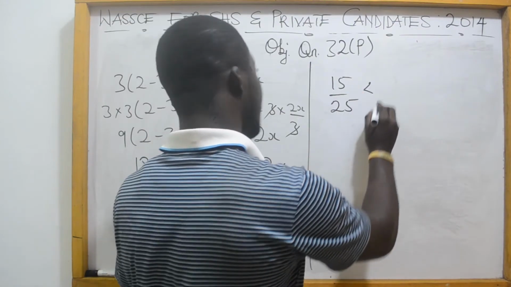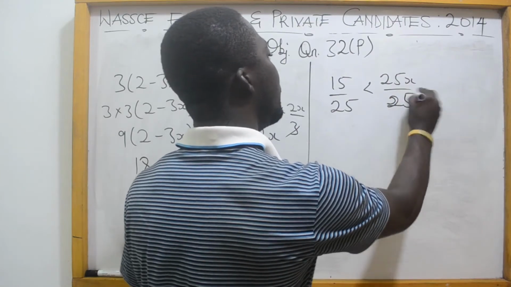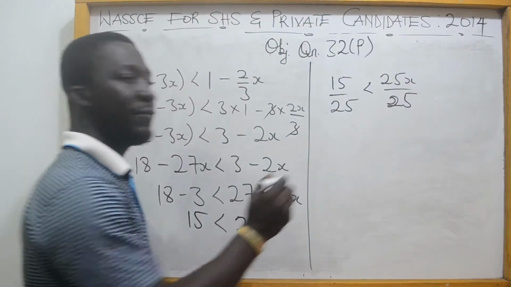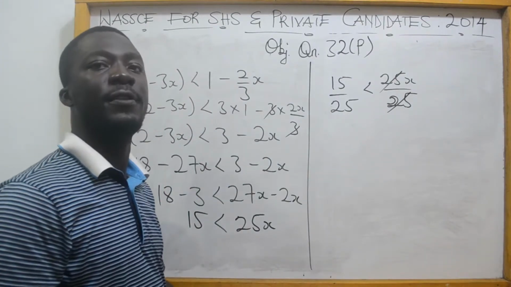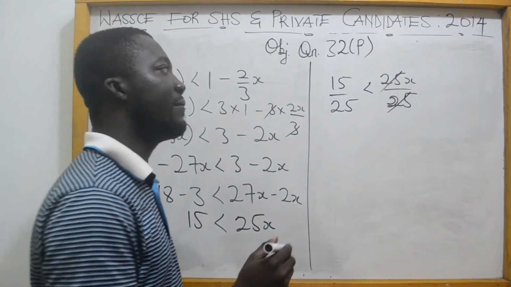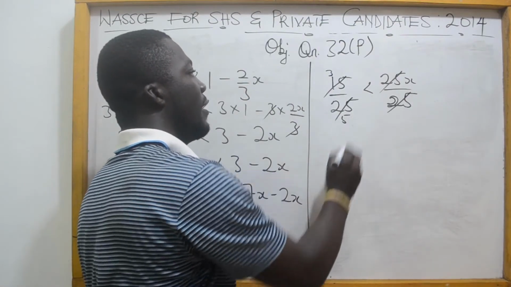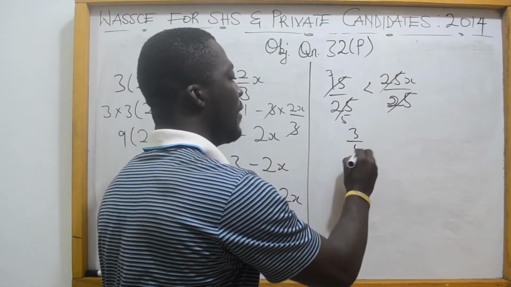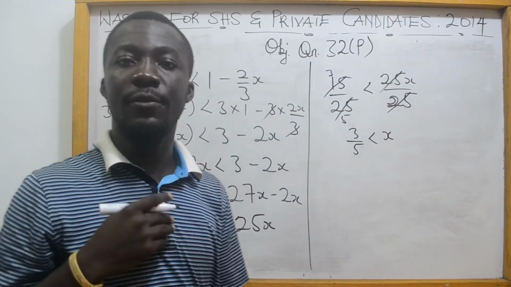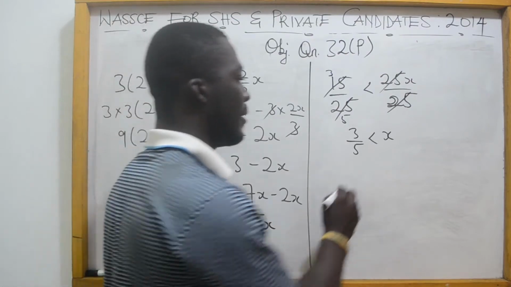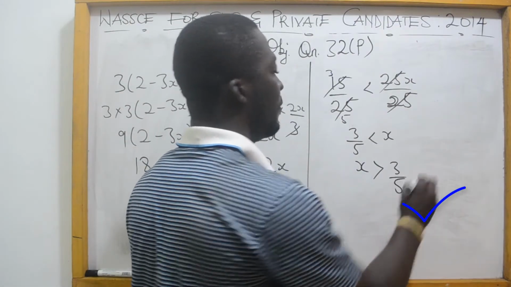It's less than 25x over 25. 25 will cancel 25. And with 15 over 25, common factor 5 goes here, 3, it goes here, 5. And we have 3 over 5 is less than x. And this can also be written as x is greater than 3 over 5.